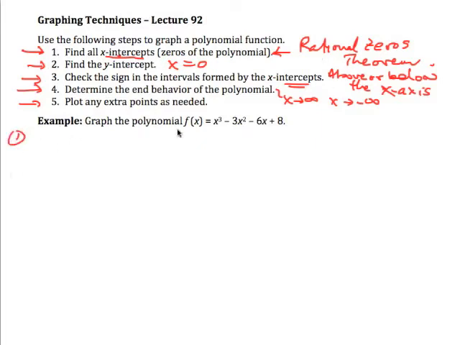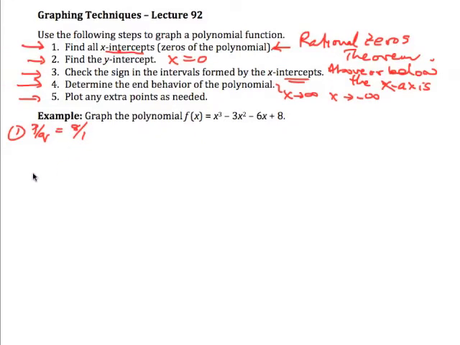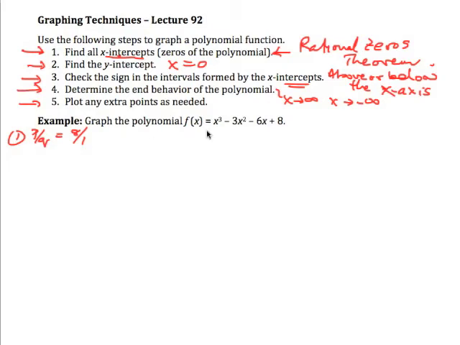Now the rational zeros theorem for this particular one says that I need P over Q, which of course is 8 over 1. We need factors of 8, which is plus or minus 1, plus or minus 2, plus or minus 4, and plus or minus 8.